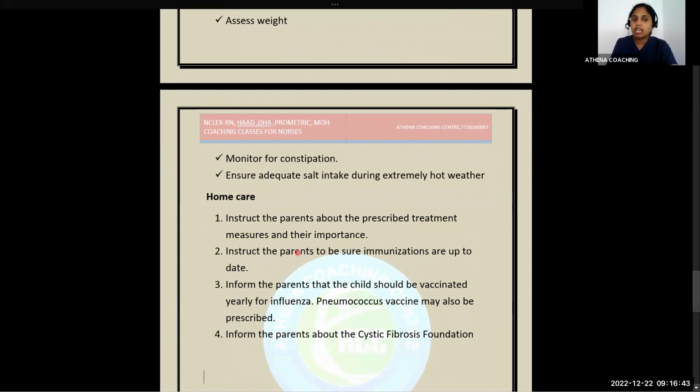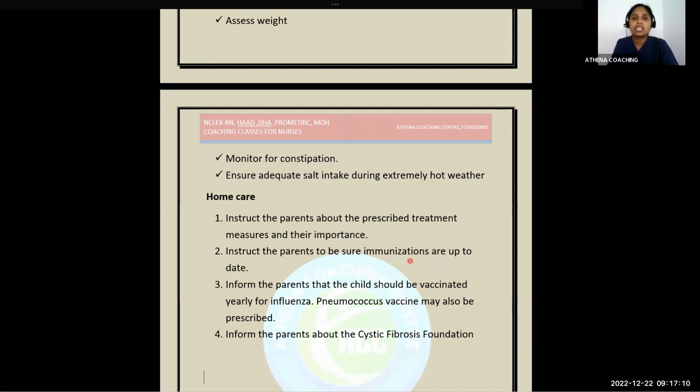And for home care, instruct the parent about the prescribed treatment measures and their importance, and instruct the parent to be sure immunizations are up to date. Why are immunizations important? This is important to prevent infections. When this child gets infected with any kind of disease, for example a respiratory infection, the symptoms may get worsened.